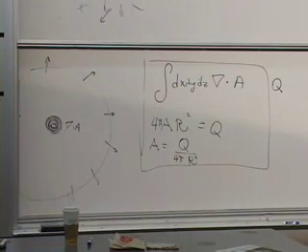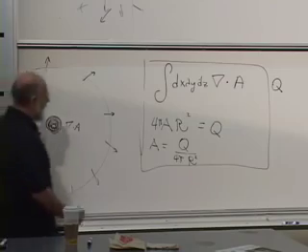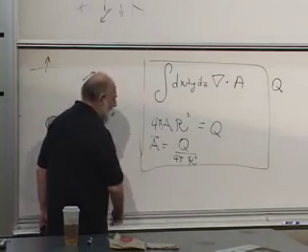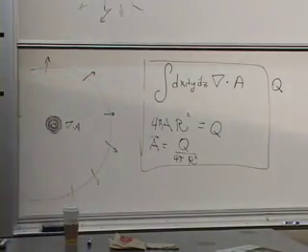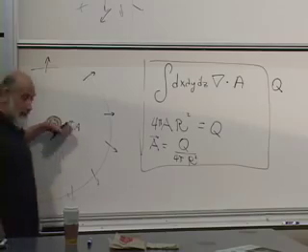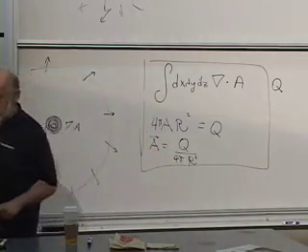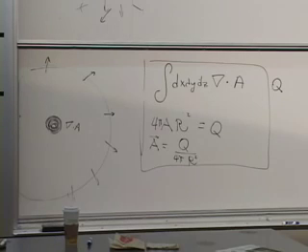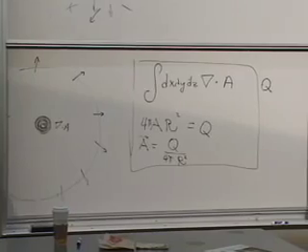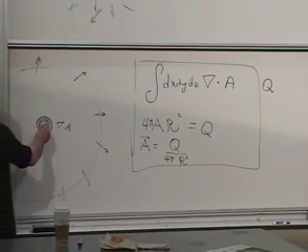Does that look familiar? It's a vector field. It's pointed radially outward, if the divergence is positive, and its magnitude is 1 over r squared. It's exactly the gravitational field of a point particle at the center here.